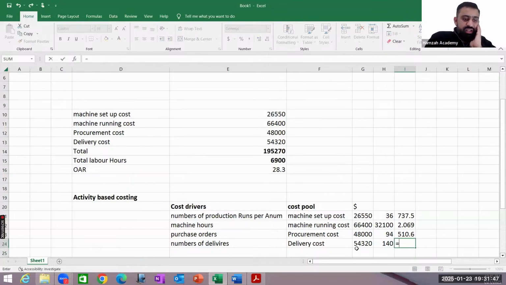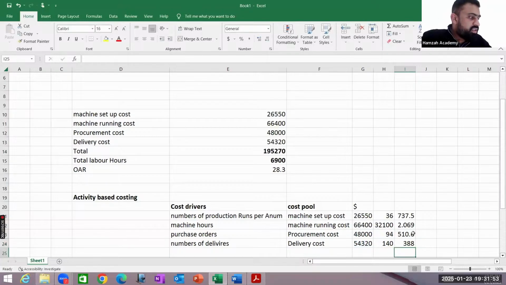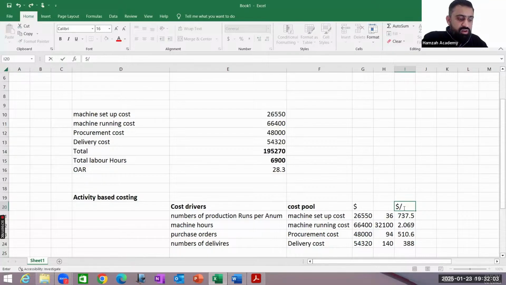And the cost per cost driver will be 388. So this is the cost per relevant cost driver.